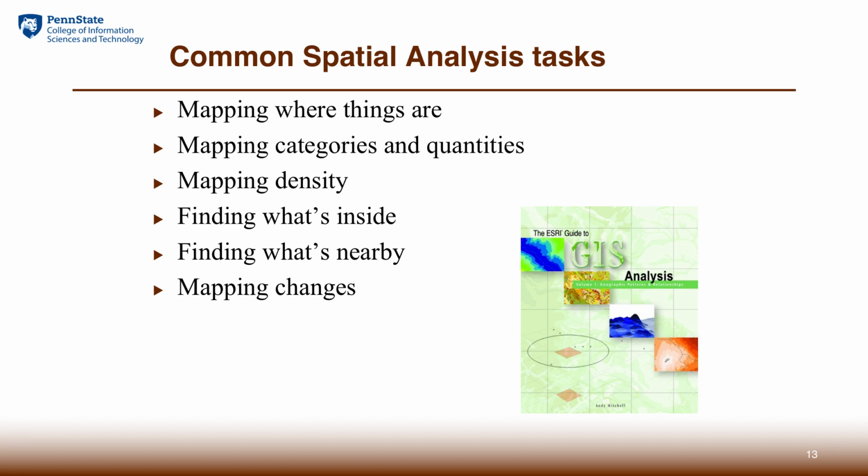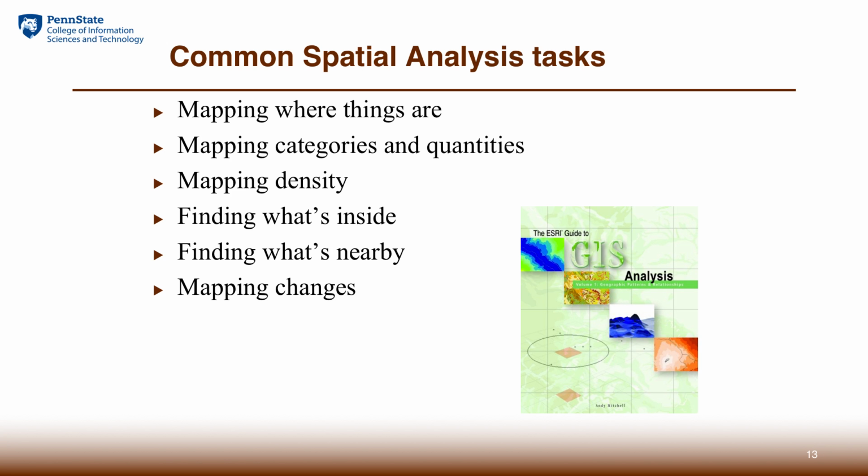Carrying out spatial analysis tasks requires quite an amount of knowledge about the tools and the procedures and processes to use those tools for analytical purposes. So we're going to spend about half of this class learning about the use of geovisual analytic tools for doing a number of categories of tasks.